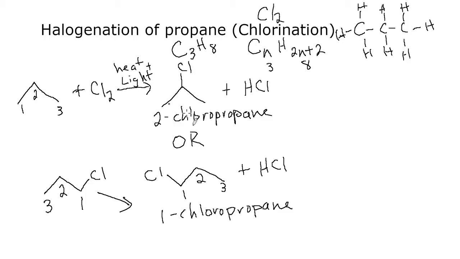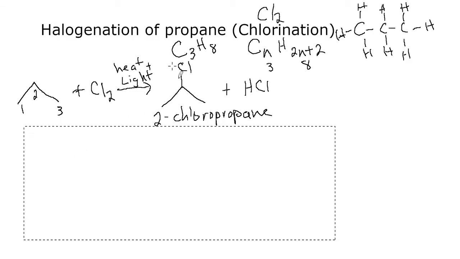Now, we can take our 2-chloropropane or our 1-chloropropane, and we can do this reaction again. So I'm actually going to draw the reaction of 2-chloropropane with another molecule of chlorine right here. So we're going to add Cl2 again in the presence of heat and light. All right.